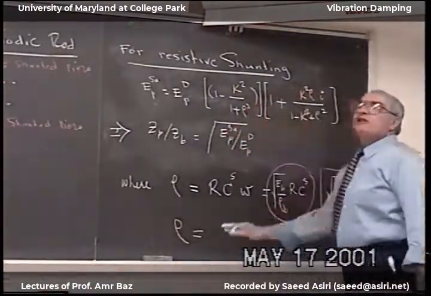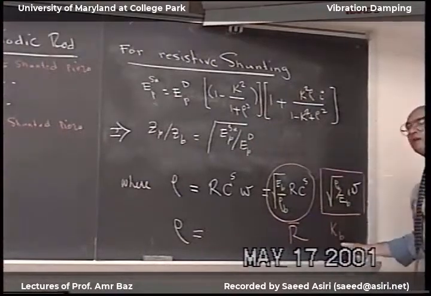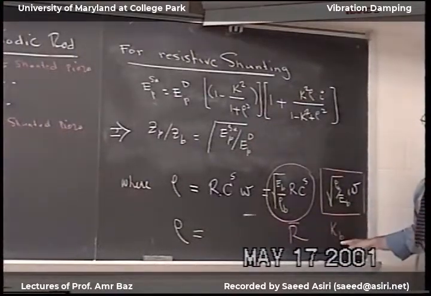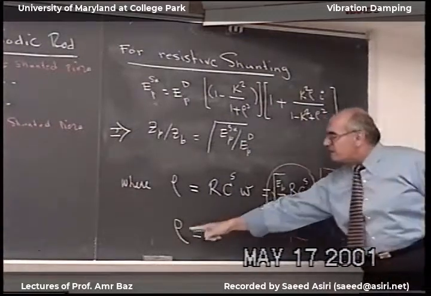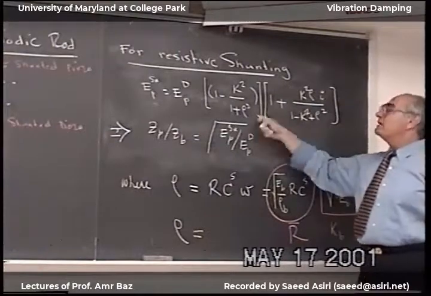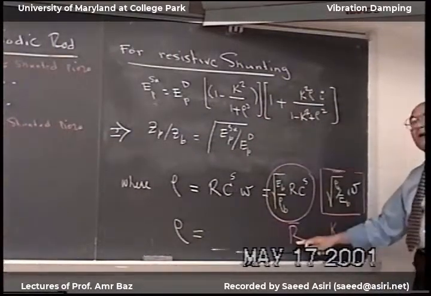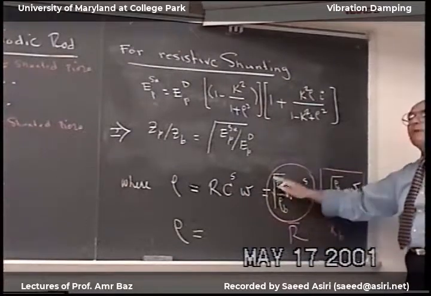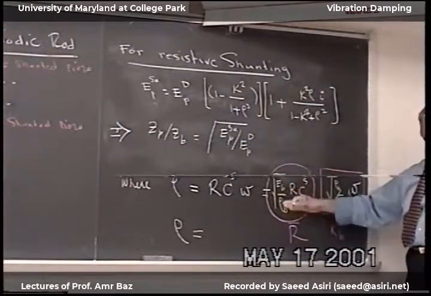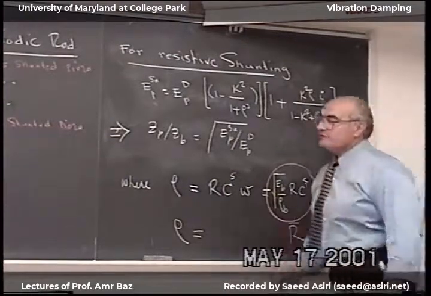This is rho. The reason for this is so I have only one parameter to vary. The frequency here, once I vary this frequency, the equation for the impedance depends directly on this, and then this parameter is fixed. Physical properties of the shunted network and the material of the base structure. Okay? Now the result.